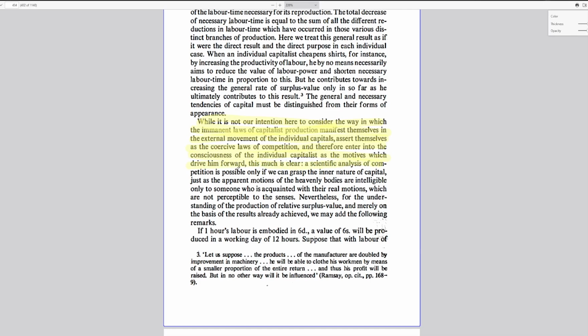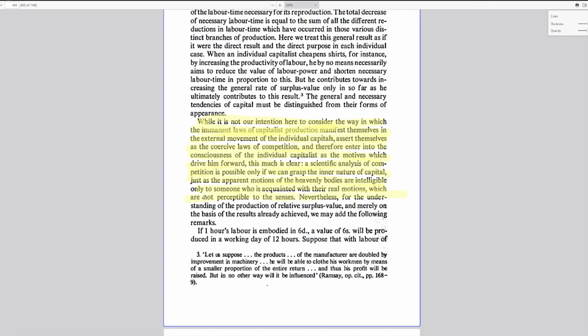A scientific analysis of competition is possible only if we can grasp the inner nature of capital, just as the apparent motions of the heavenly bodies are intelligible only to someone who's acquainted with their real motions, which are not perceptible to the senses.